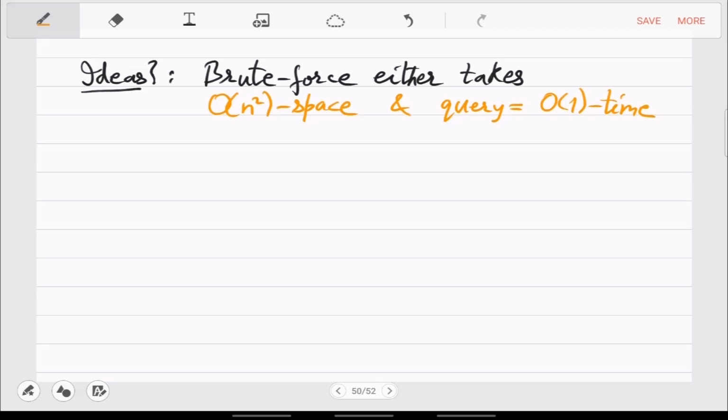Note that the pre-processing is not order n time, the pre-processing is also order n square time. So pre-processing time and space, everything is the maximum possible. It's just the query which is order 1 time.